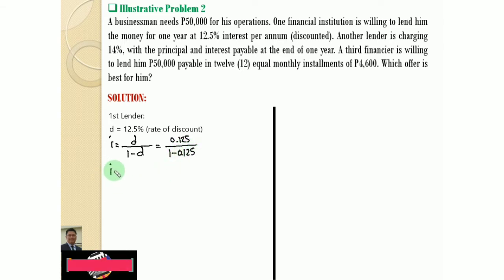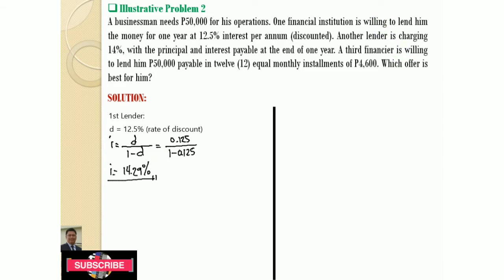So our I here is simply equal to 14.29%. So this would be our rate of interest for this first lender.